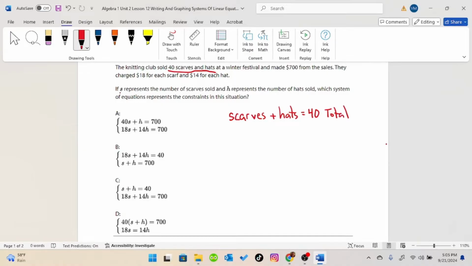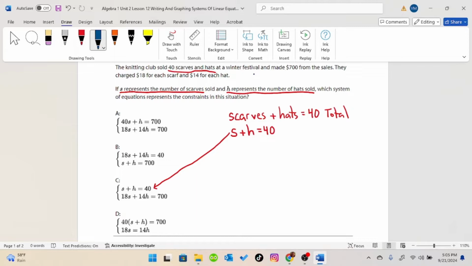They tell us that S represents the number of scarves and H represents the number of hats sold. So that means we're going to have S plus H equals 40. And the only place we see that is right here on C.